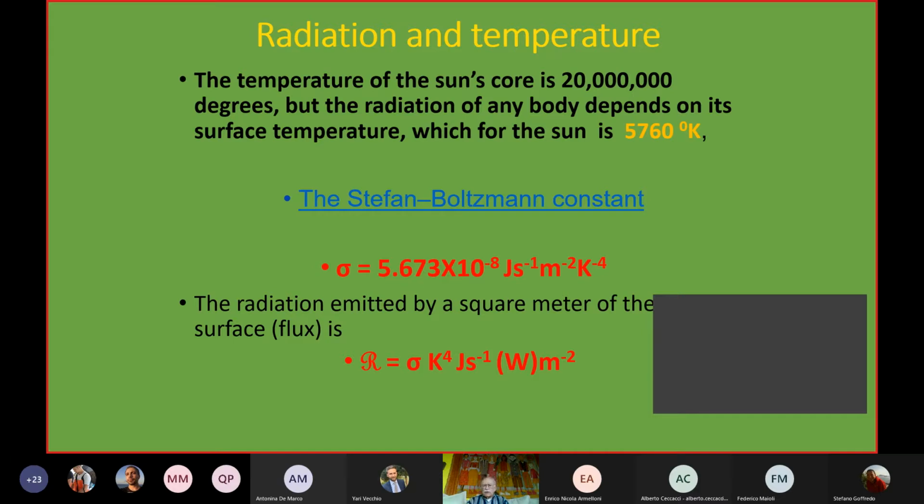But the point that is very important is that the radiation of any body depends on the temperature of its surface, nothing to do with the material, nothing to do with the color, but to the fourth degree, which really is important to remember.